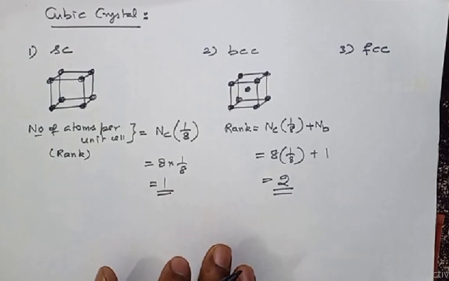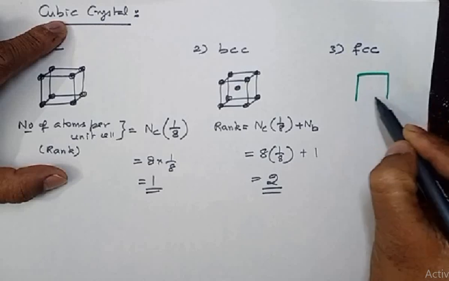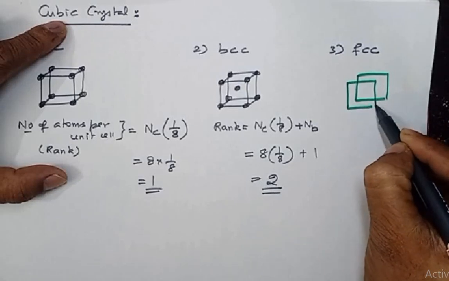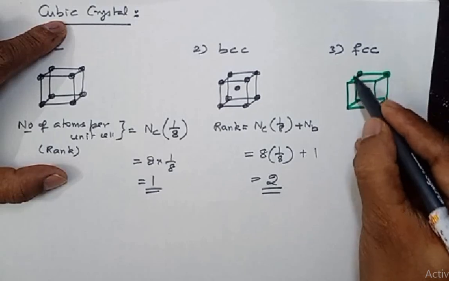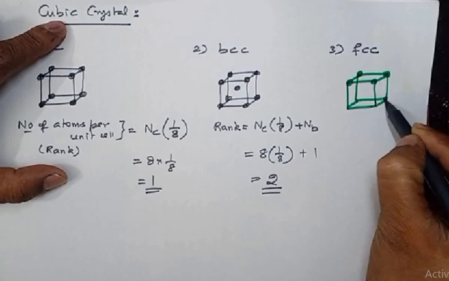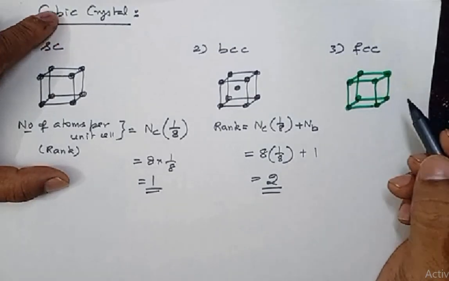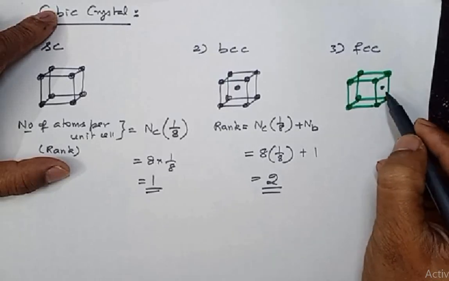Take note. In face-centered cubic unit cell, let me draw a cube first. Then all the corners are occupied by atoms. Apart from the corners, atoms are also present at the centers of each face.